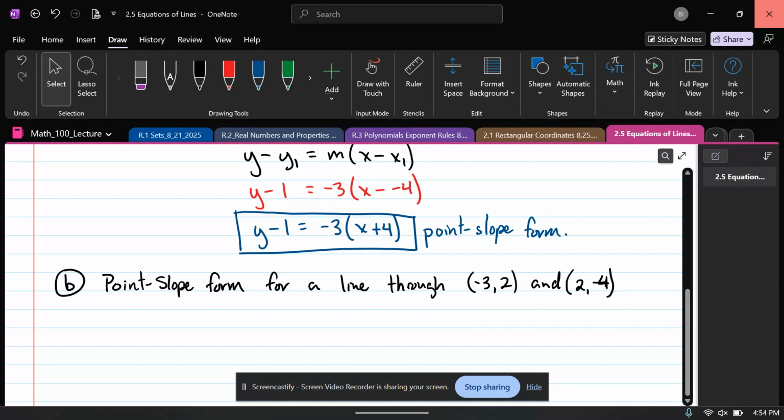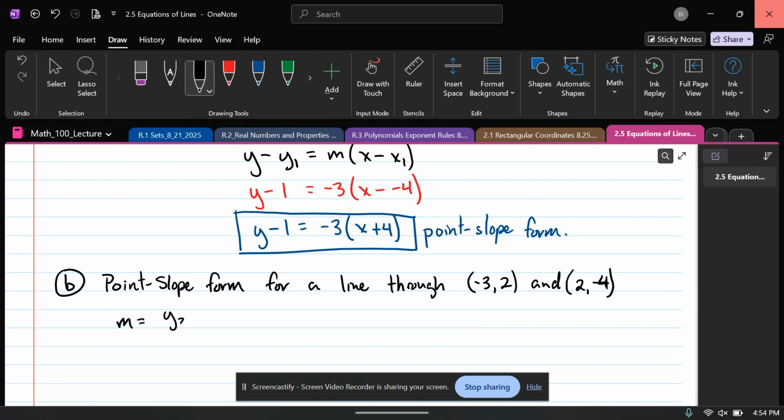This is where we did that in lab just a minute ago. We use our slope formula to find the slope, and then we pick one of those ordered pairs for the point. So there's really 2 correct answers to this one. There's one if we use the point (-3, 2), and a different equation if we use the point (2, -4), but they're the same line. So let's find the slope first.